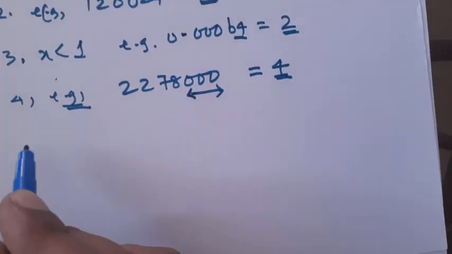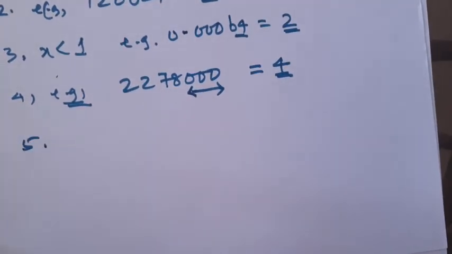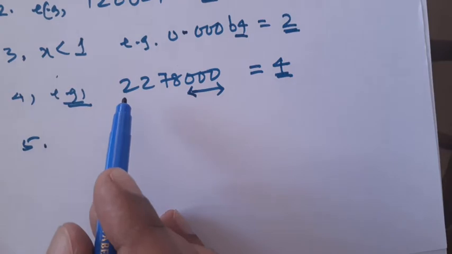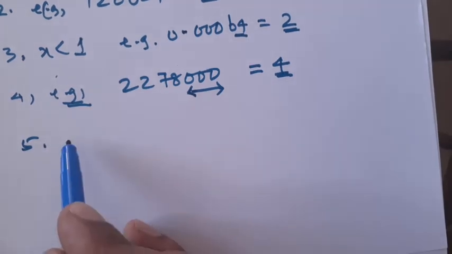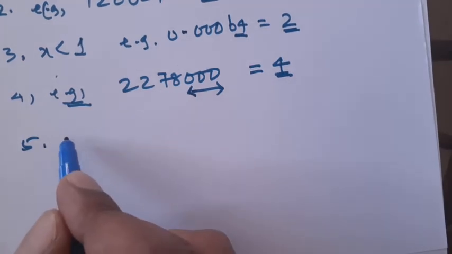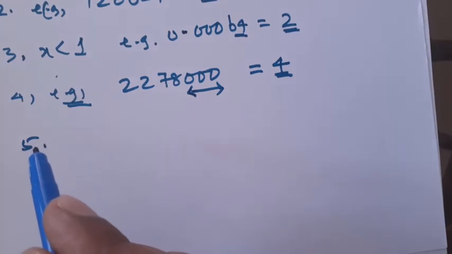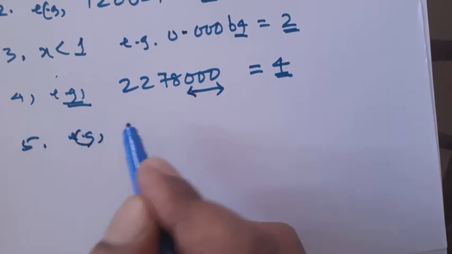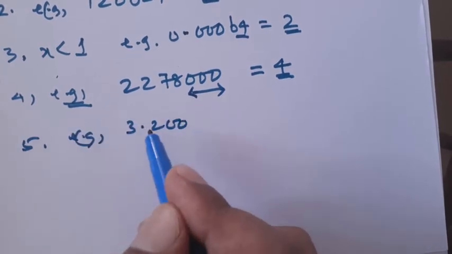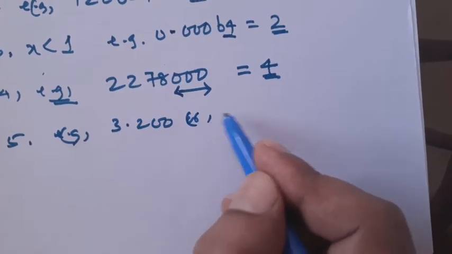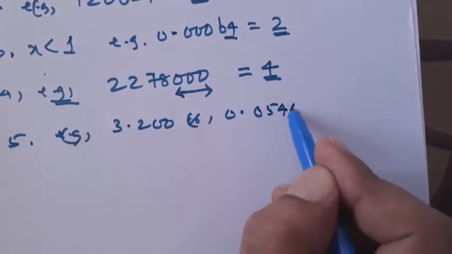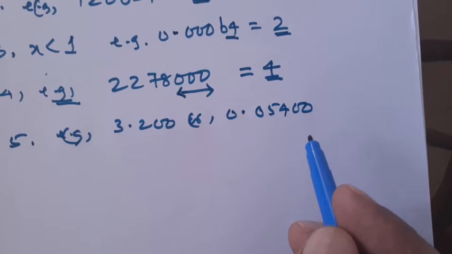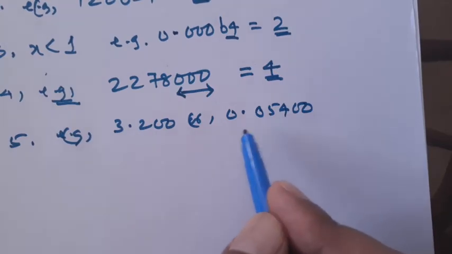I will go for another rule, which is rule number 5. In a number with a decimal point, the trailing zeros are significant. In the first case without a decimal point, in this case with a decimal point. Example, take 3.200 or 0.05400, which have 4 significant figures each.